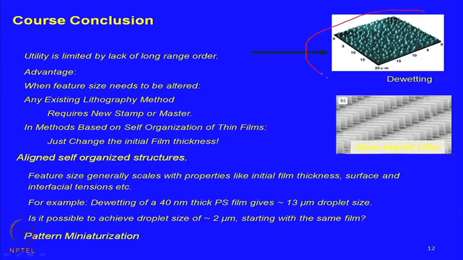So, we argued that in an instability mediated process, you have additional handles or tuning parameters like film thickness, by which you can control the pattern geometry and pattern order. Let's say the periodicity of the structures can be influenced by issues like film thickness and surface tension.